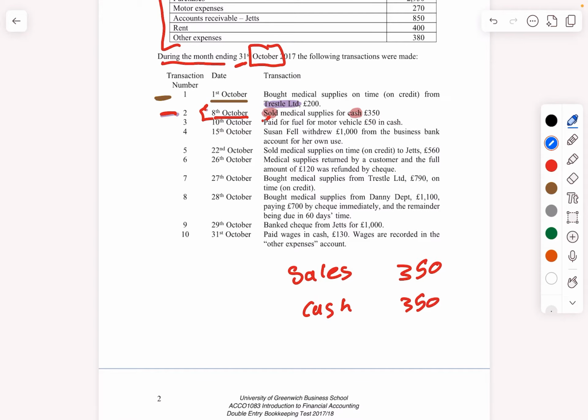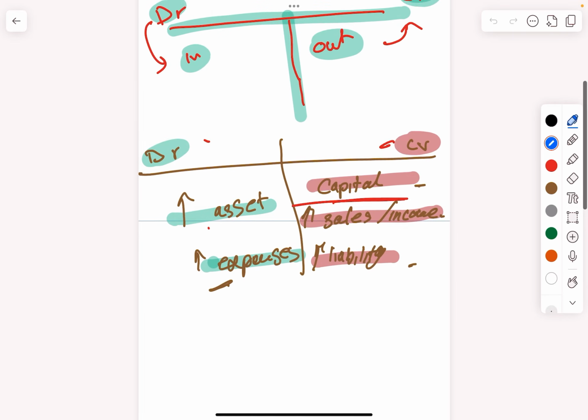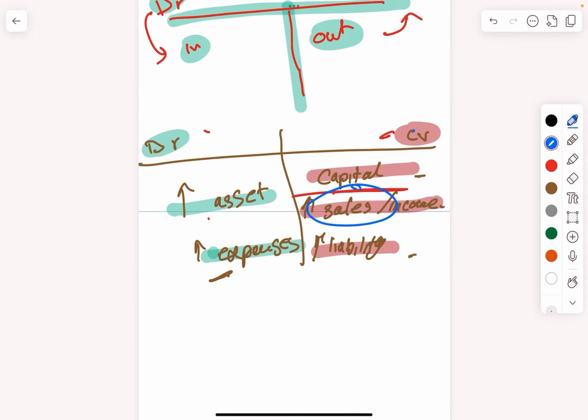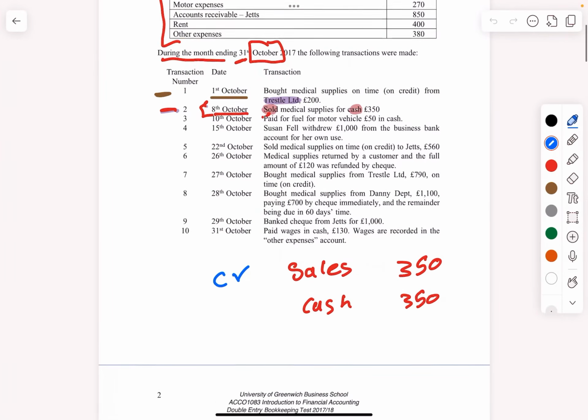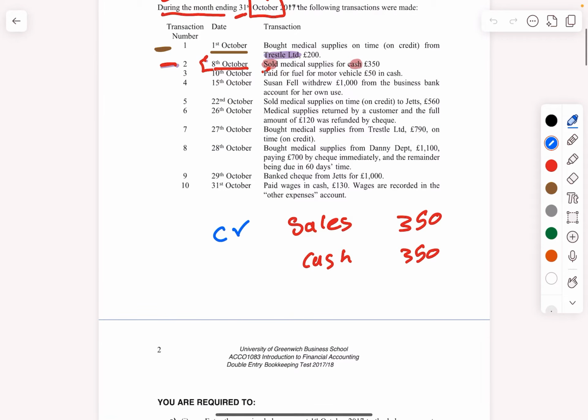When we sell something, that means we give away something. That means this is credited. Sales is credited. Or you can say we gave away something, so it's credited. Cash, we received cash. That means this is debited.